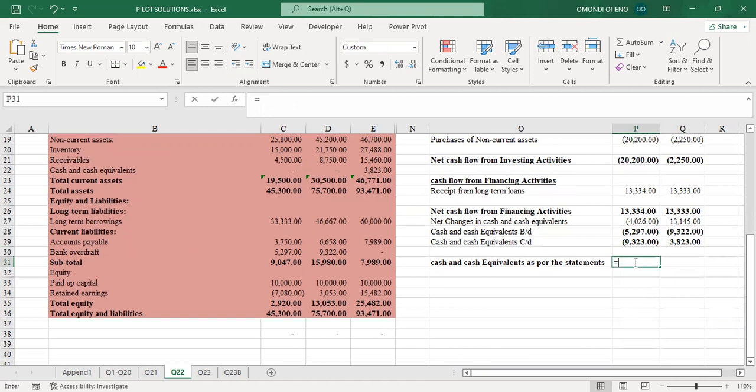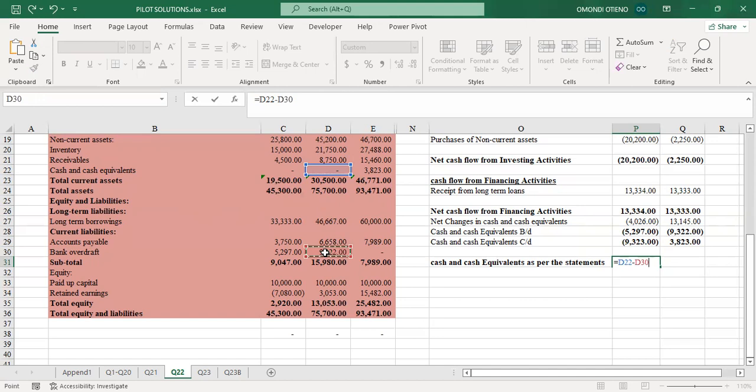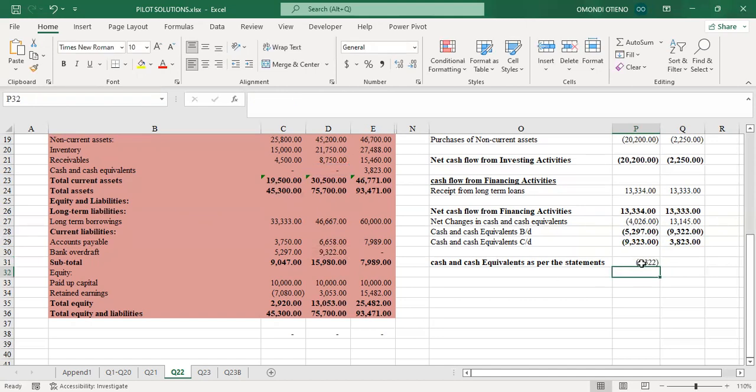So we'll say equal to cash and cash equivalents for 2021. We subtract any bank overdraft, which is this. So when we enter, that's what we get.